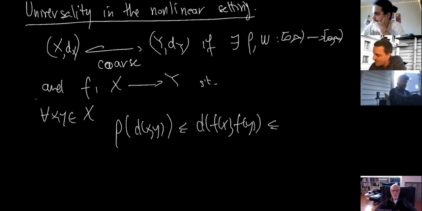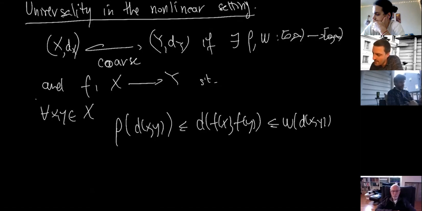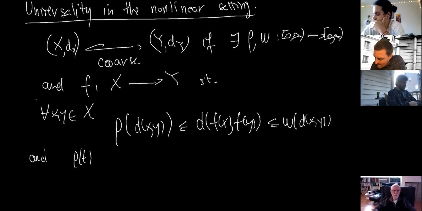So there is a compression function and an expansion function. The compression function is rho and the expansion function is omega. If I don't write any conditions on rho and omega, I'm not saying much. And what I want is that the compression function rho goes to infinity with t.